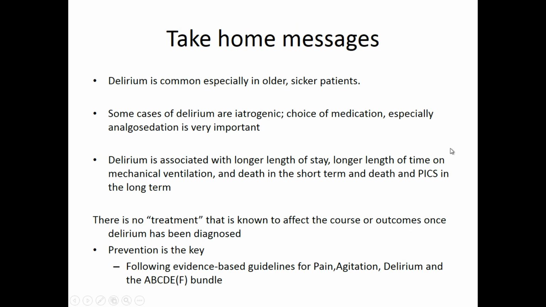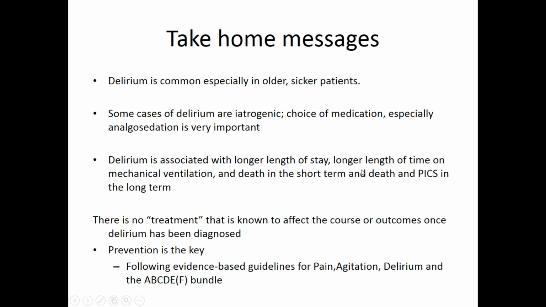So the take-home messages are that delirium is very common, especially in older and sicker people. Some cases of delirium are iatrogenic, and therefore it's especially important for us to be mindful of how we administer medications, and particularly with regard to analgesic and sedative medications. Delirium is associated with longer lengths of stay, longer lengths of time on mechanical ventilation, and death in the short term, that is during their hospitalization, and death and the post-ICU syndrome in the long term.